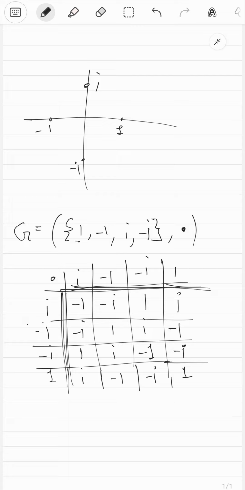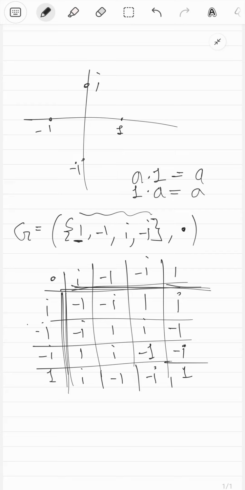First, notice that this element 1 is the identity element for this binary operation. So you take any element A from this set, and you multiply by 1, you get exactly the same element. And then if you left multiply by 1, you also get the same element, right?